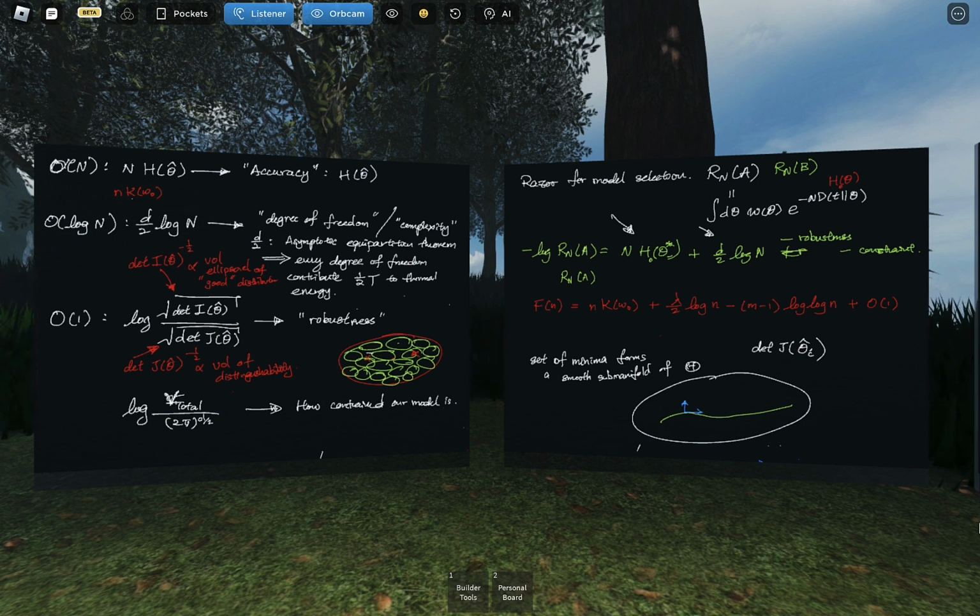But wait, it's not enough for that set to be a smooth submanifold. You'd need the Fisher information matrix to be non-degenerate as well. That's a prevailing assumption, I guess, right? No, actually, no. This is a local minimum of the energy function, which doesn't involve the prior, so this is still a well-defined concept.